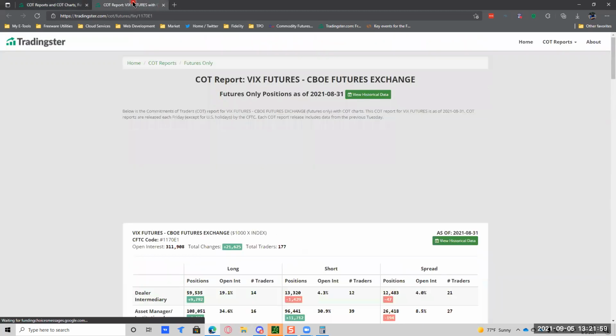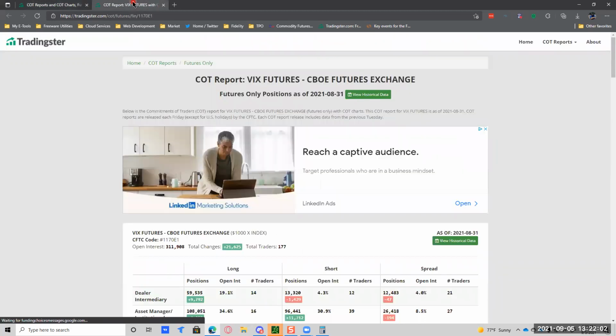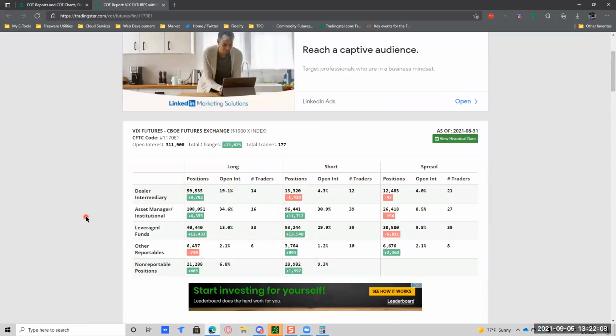The VIX futures require a lot of buying power reduction. And so when we see numbers moving around in here, we know that they had to put a lot of capital at play to get these futures, and that they would happily use that money somewhere else. The asset managers in here are net long, but just barely, 108 versus 96.